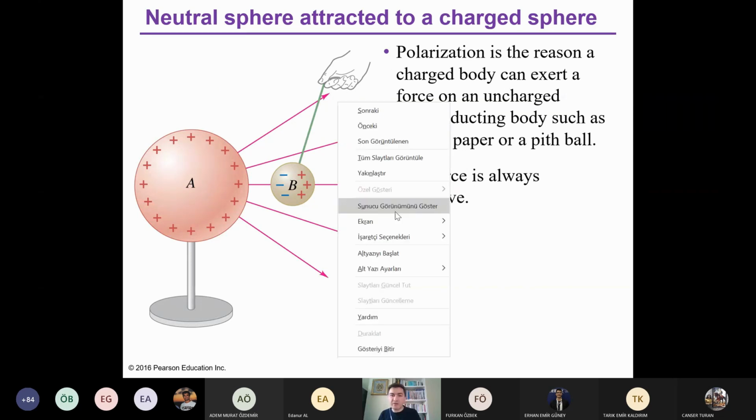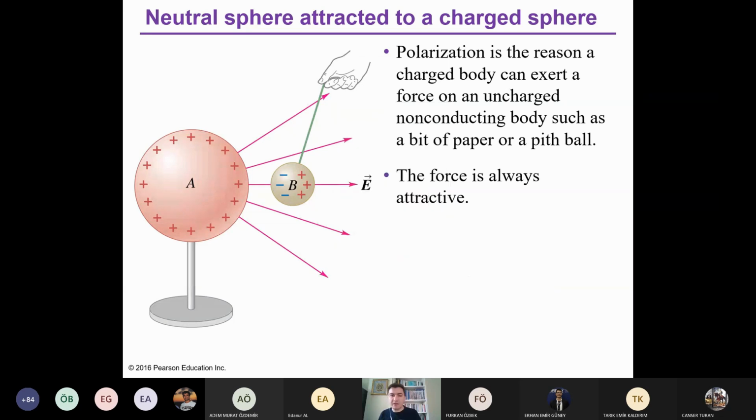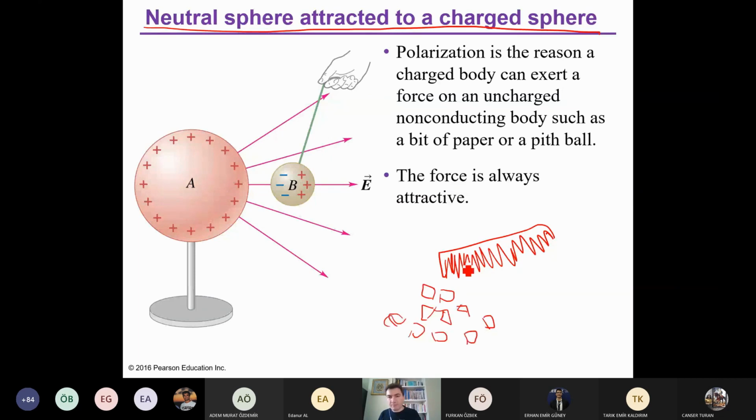Remember our experiment: you have a comb and you have charged this comb, and then here we have plastic or paper pieces, many neutral plastic and paper pieces, and the comb is positively or negatively charged. Then this comb attracts these pieces.